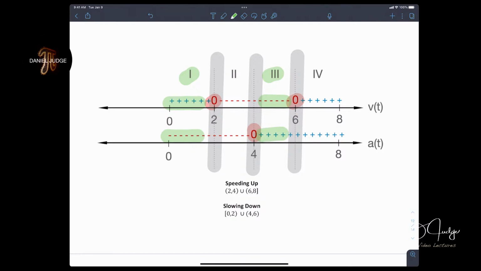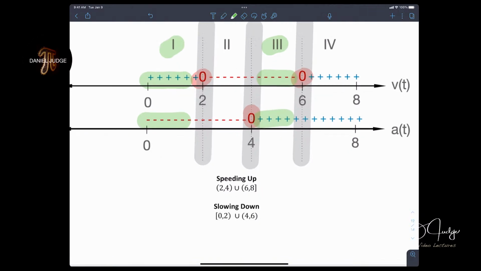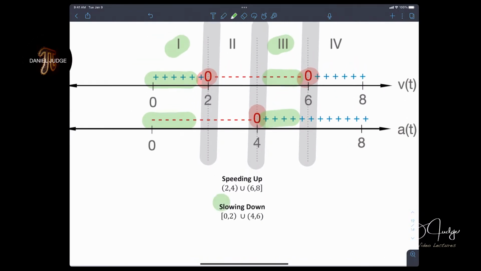So where it has opposite signs, this is where you are slowing down, and that is from 0 to 2. And then we're going to include from 4 to 6. So here is what we're saying down here. You're slowing down in region 1, region 3. And this is how we describe region 1, from 0 to 2, and then from 4 to 6.